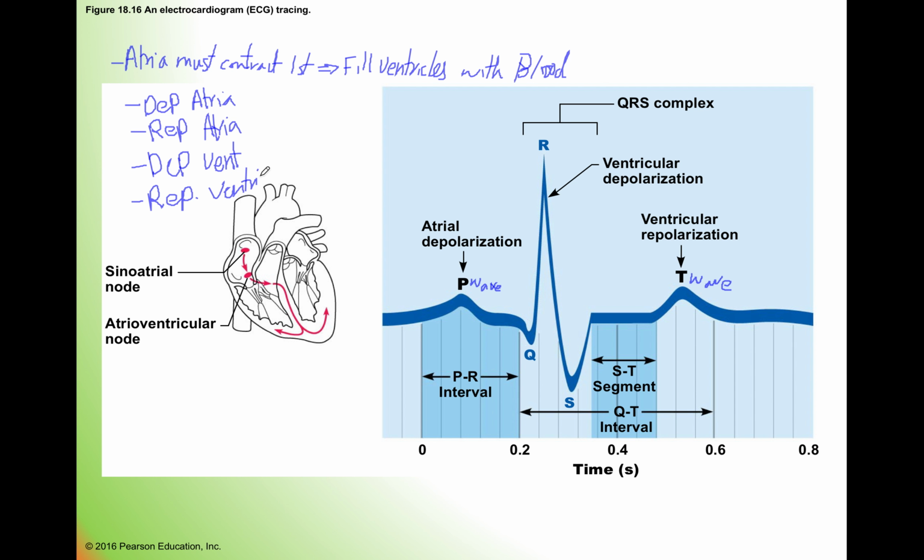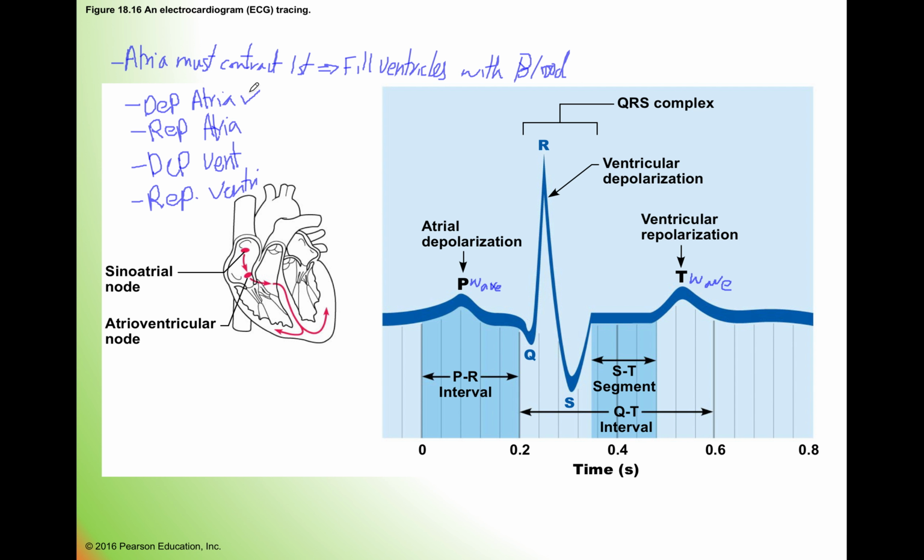For you to understand and practice that, think about the picture below of the intrinsic conduction system, which starts with the SA node, goes to the AV node, down to the AV bundle, bundle branches, and eventually spreads through the Purkinje fibers. Let's look at the steps.